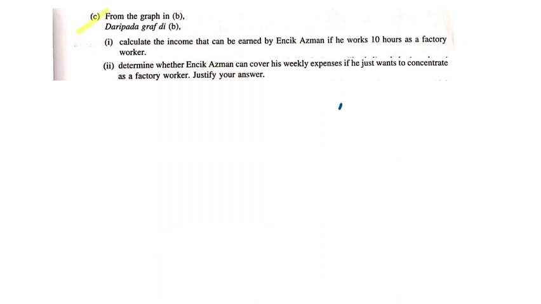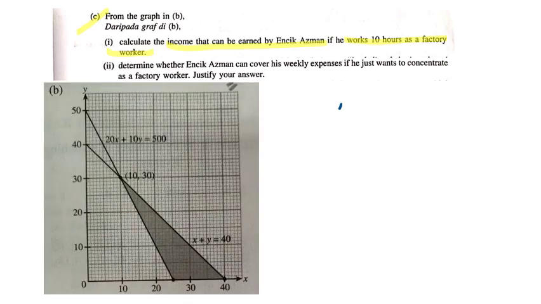From the graph, calculate the income that can be earned by Jasmine if he works 10 hours as a factory worker. So you go to the graph. If x is 10, your y is 30.